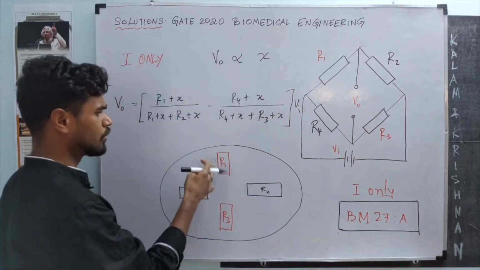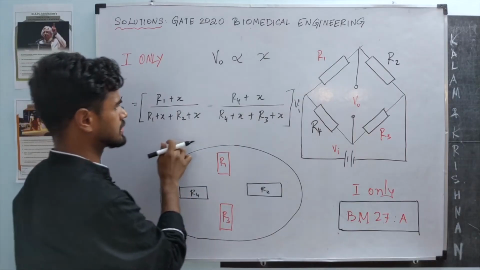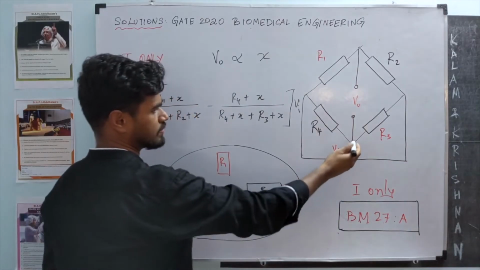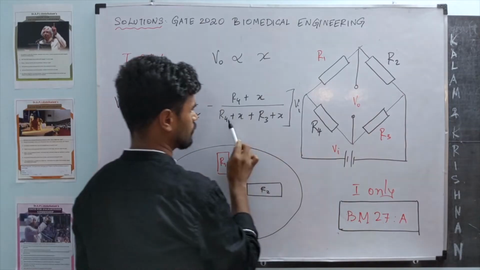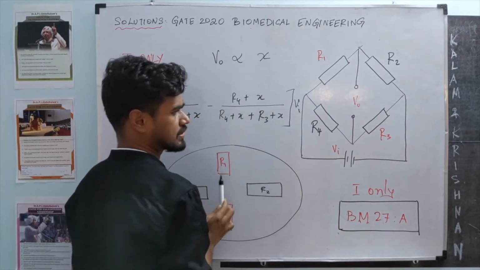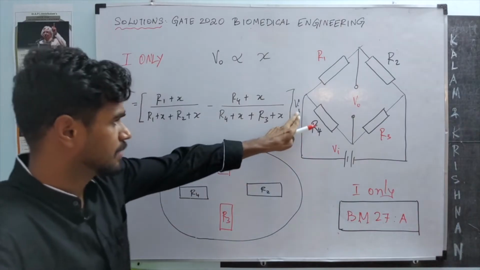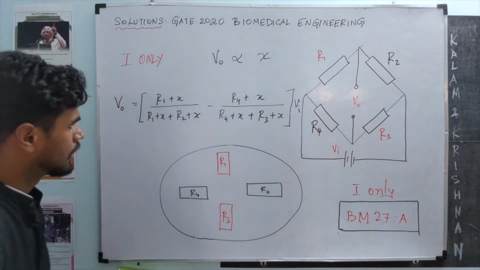It's equal for all 4 resistors, so I have X for all of them. So this voltage minus this voltage, which is R4 plus X by the whole resistance, R4 plus X plus R3 plus X, right? Agreed? And that times, of course, the voltage that gets divided, the input voltage Vi.